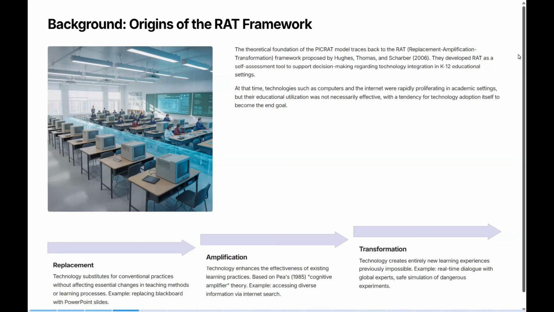Amplification: technology makes learning more effective, for example, using internet search for finding more information. Transformation: technology creates new learning experiences, for example, talking with experts from other countries online.